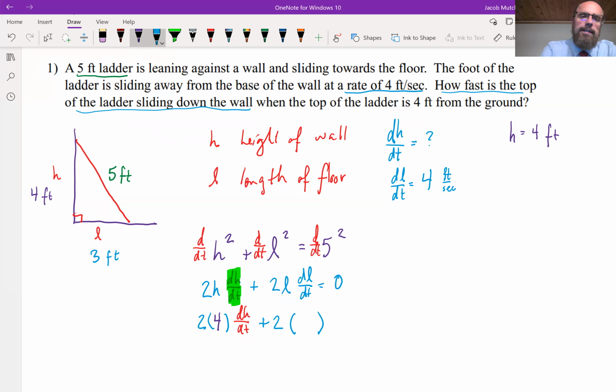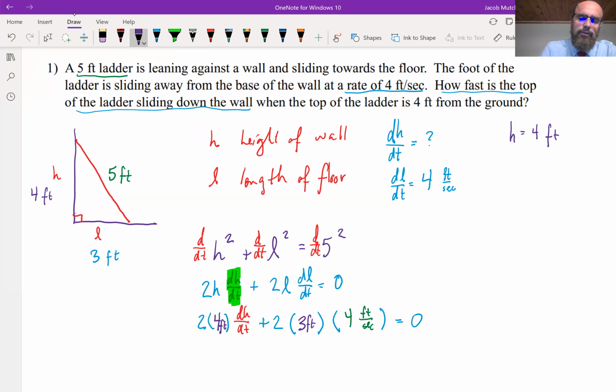And then dL/dt we know is going to be 4 feet per second. And this is all from the information that we had gathered from the situation. And I should probably put the units on the 4.